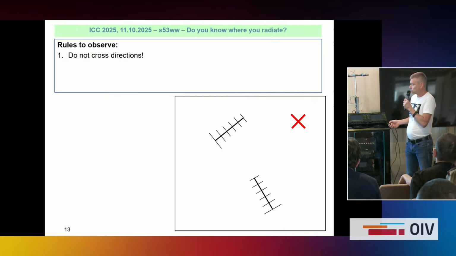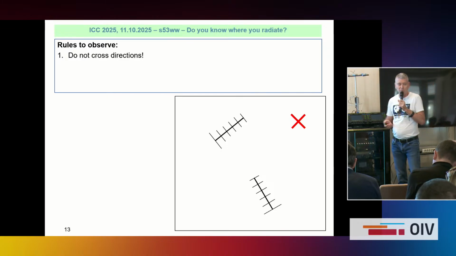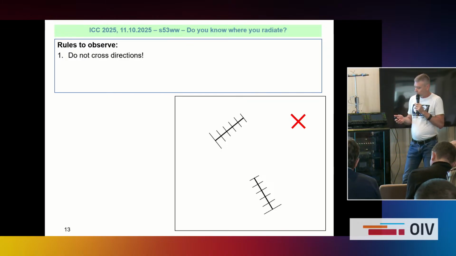So never do like that. Turn this antenna there and this antenna there, or this antenna should be much higher than that antenna. Much higher depends on the distance, right? If it's on the same tower, it could be just 2 or 3 meters higher. But if it's 10 meters or 20 meters away, you should take care about how this vertical radiation pattern looks, and you can calculate what would be the height difference, but it's 10 to 20 meters higher.